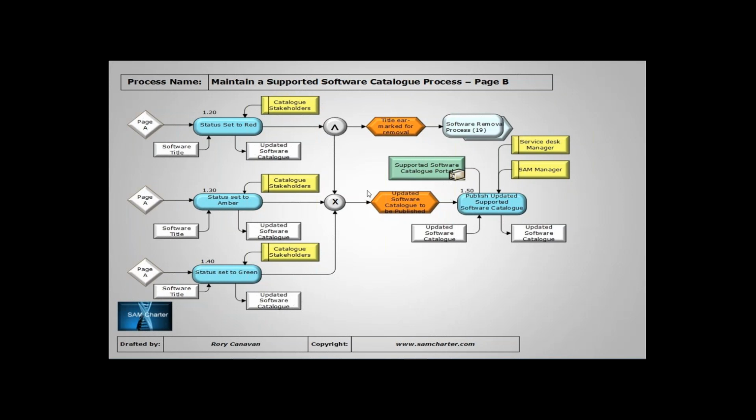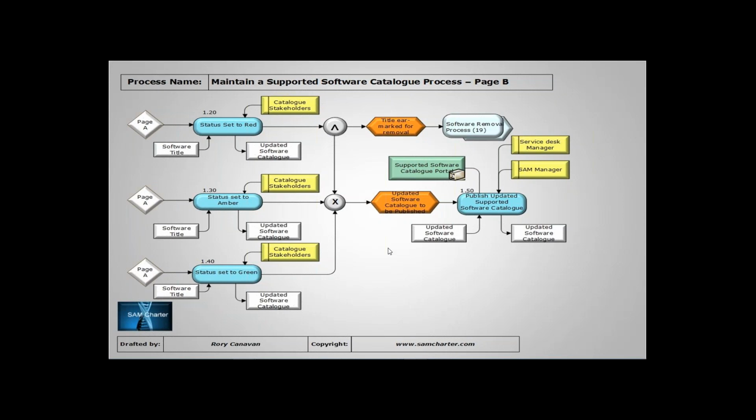Now, like any database view, what I would recommend is that if you're going to put the supported software catalog in front of end users, wherever possible, make sure they only have visibility of the green software titles. These are the ones that you've decided have the best shelf life, have the best support, have the least amount of woes and leverage placed on the IT support staff, and teams generally are easiest to license, etc. If at a push they have to see amber, then fine, that's your call.